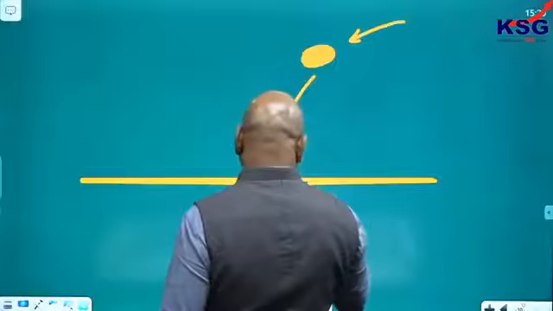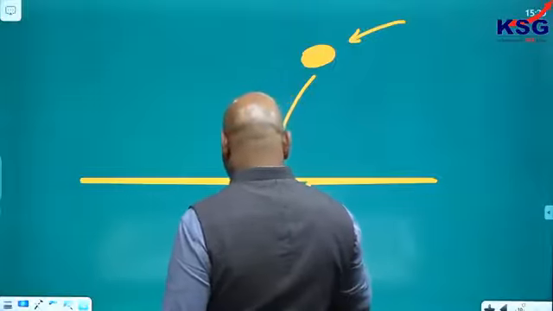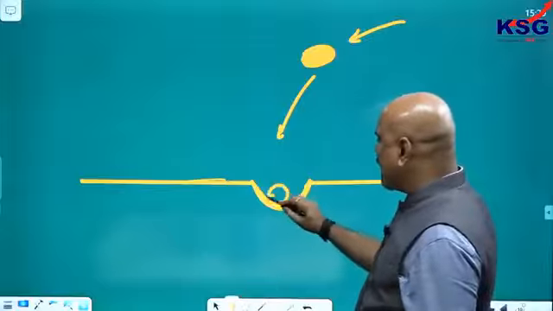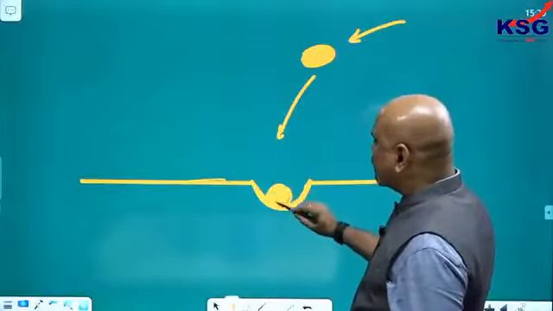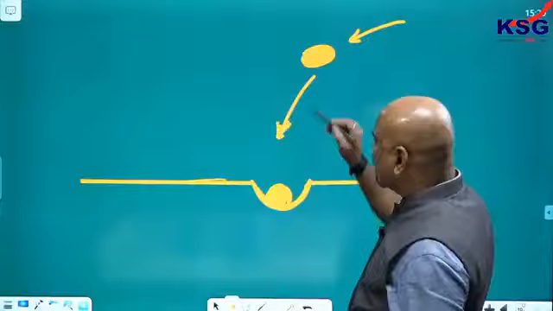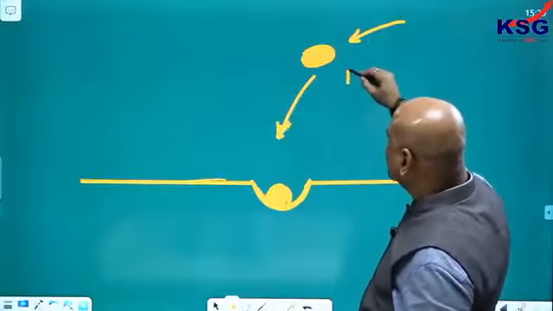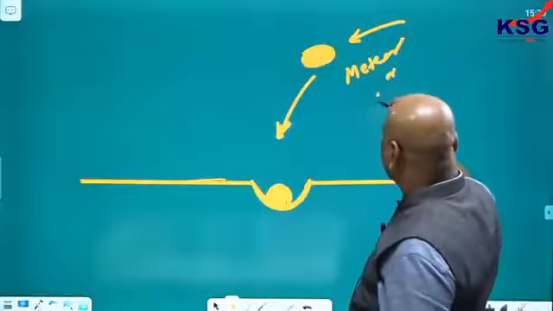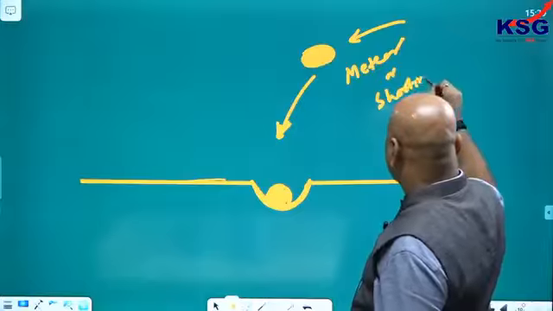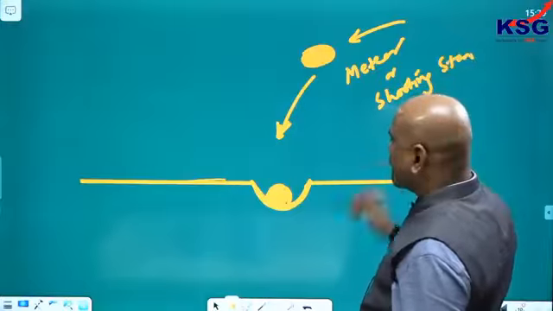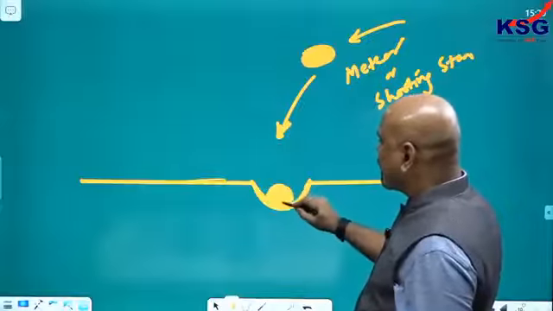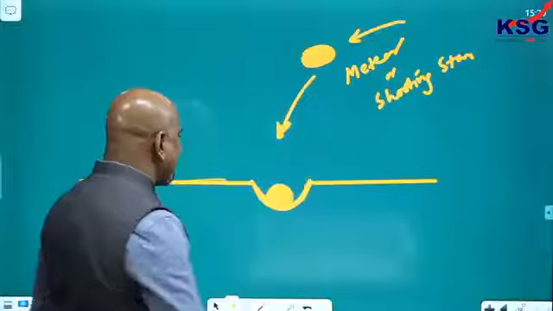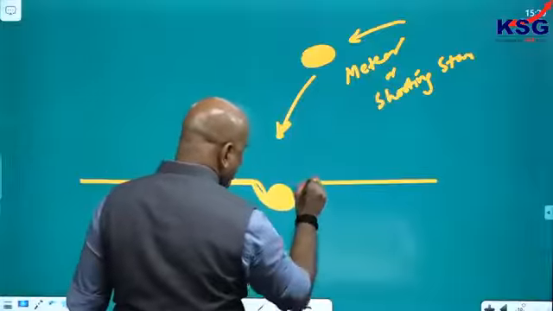It may create a huge crater-like feature here. Huge crater-like features will form. Meteor or shooting star, if it strikes this region, you have a huge crater, it may form a huge crater.